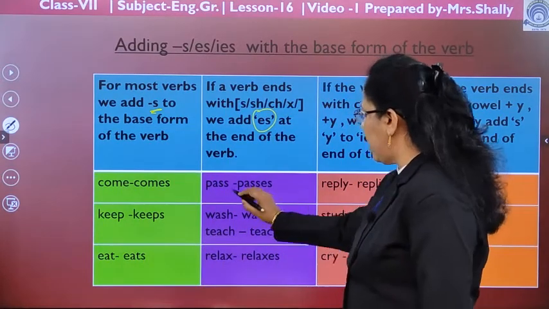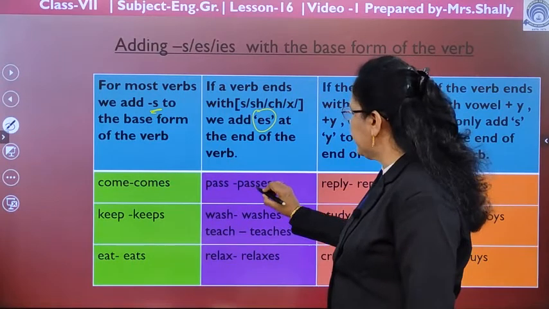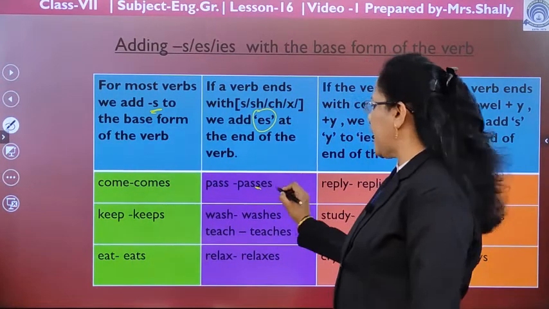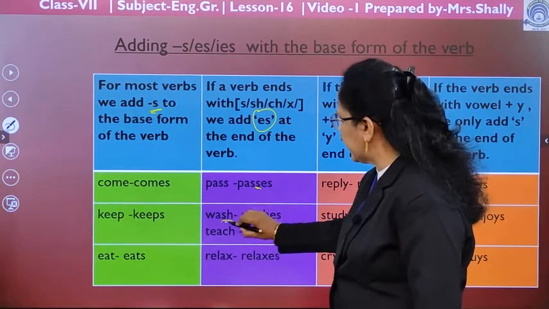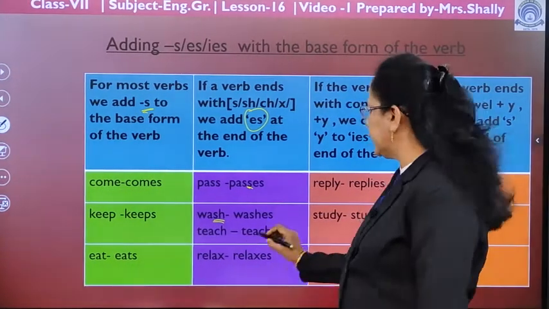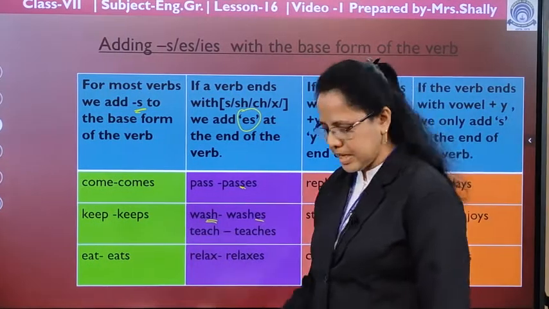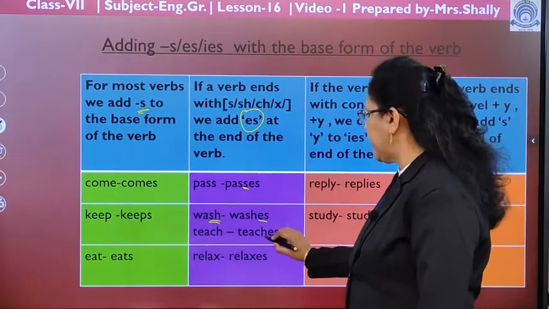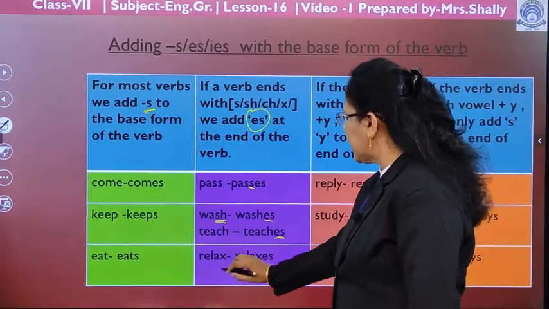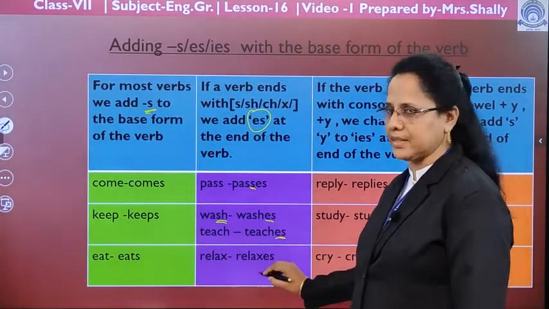For example, pass, it ends with s, so passes. Then wash, it ends with sh, here we add es, washes. Teach, it ends with ch, here we add es. Then relax, relaxes.